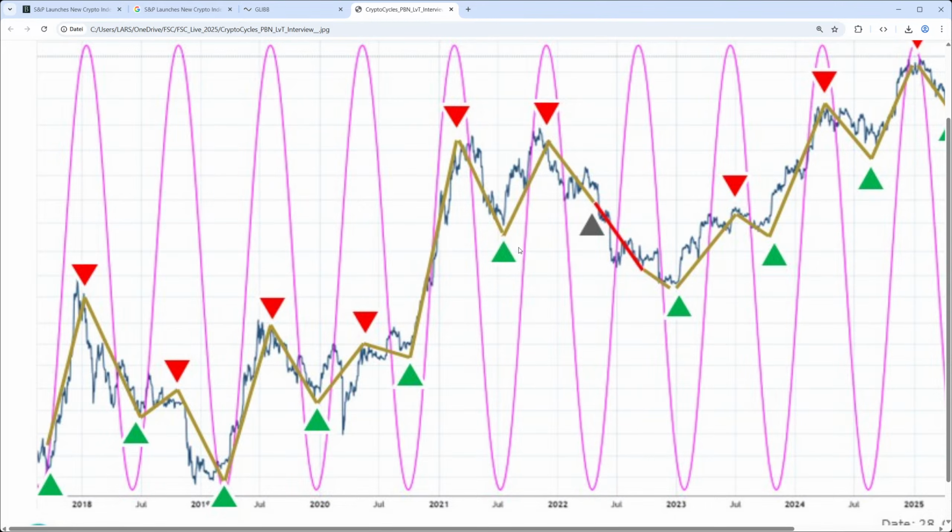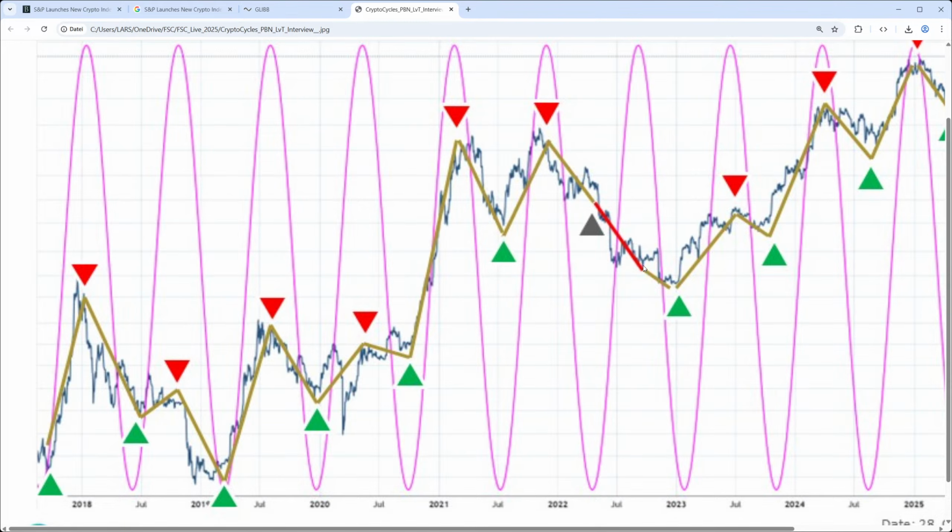What we can observe, if you follow the ups and downs here of that cycle, there was only one single instance, one single leg of that cycle here in the period of 2022, where the cycle projected an upswing, but Bitcoin still continued downwards.